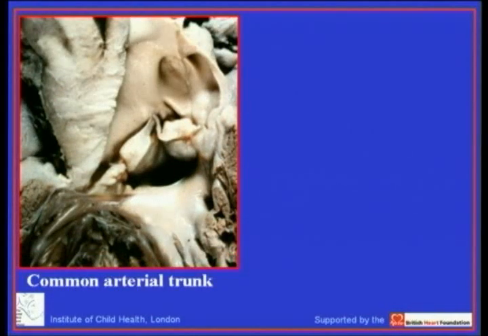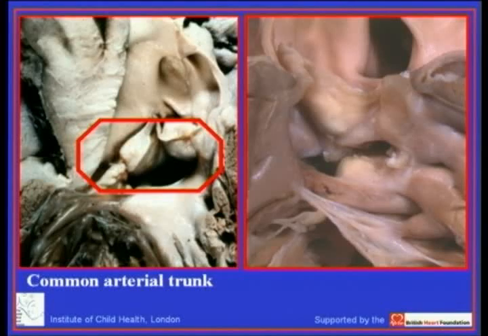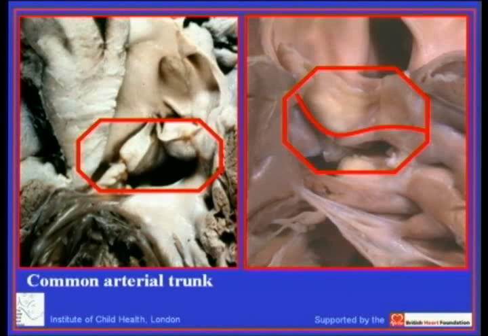But you must note the similarity of this defect in common arterial trunk, in which we have a common ventriculo-arterial junction, with the arrangement seen in the doubly committed and juxta-arterial ventricular septal defect. Again, we have a common ventriculo-arterial junction, but this time it is divided by a raphe into separate pulmonary and aortic valves.